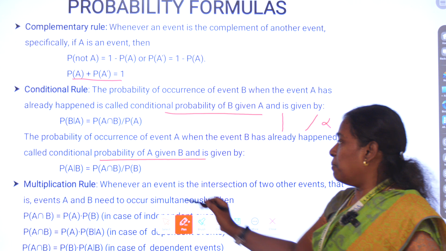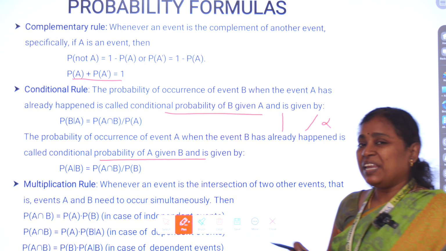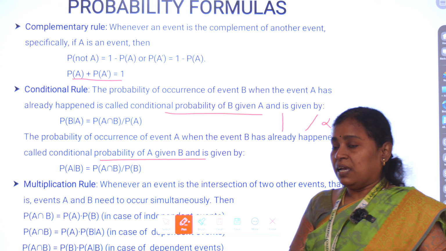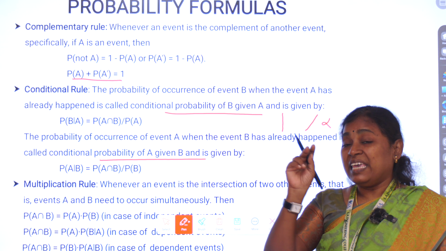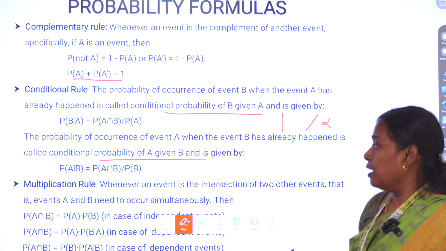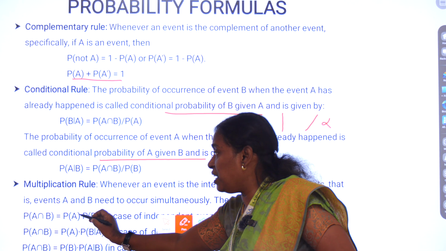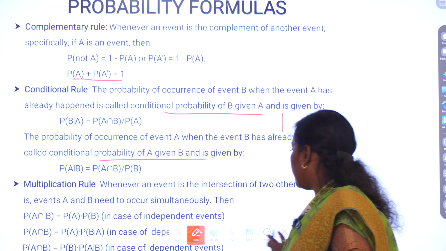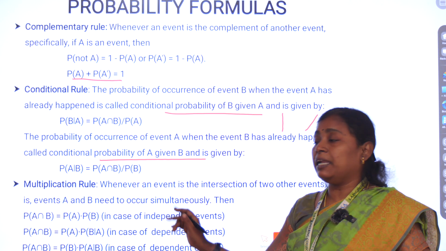Now next, the multiplication rule. Whenever an event is an intersection of two events, that is, if events A and B need to occur simultaneously, then P of A intersection B is nothing but P of A into P of B. When does it happen? When the events are independent.